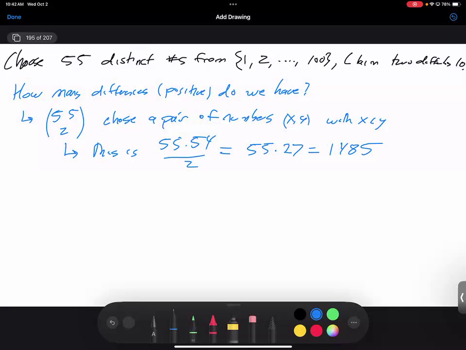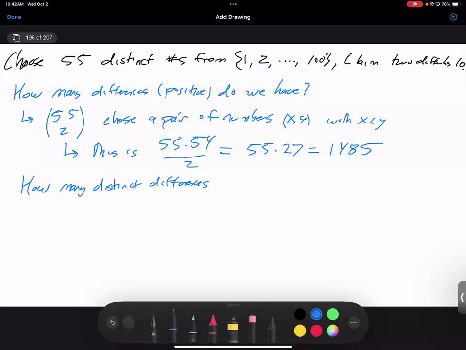So how many distinct differences are there? 1,485 is the pigeons, and then the distinct differences. Well, it's the potential pigeons. Oh, you're right. We have not officially declared our pigeons and boxes yet.